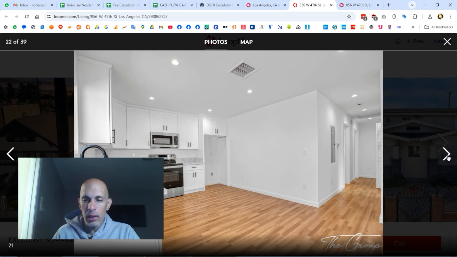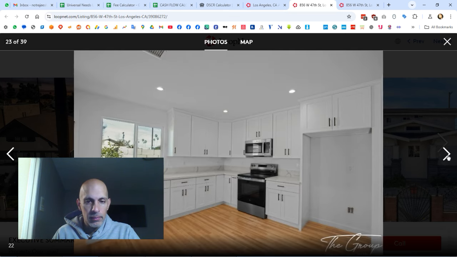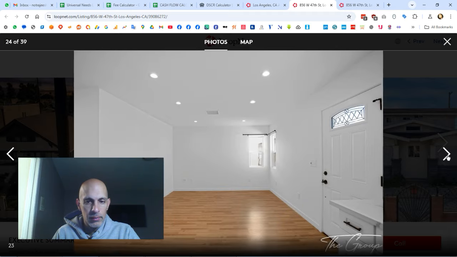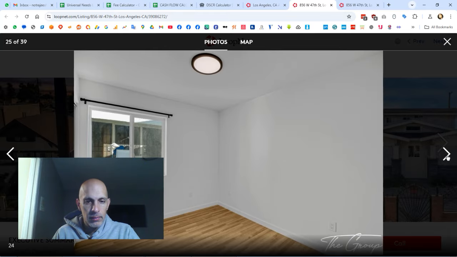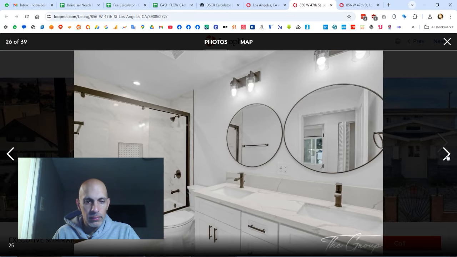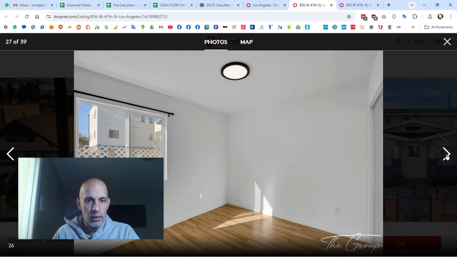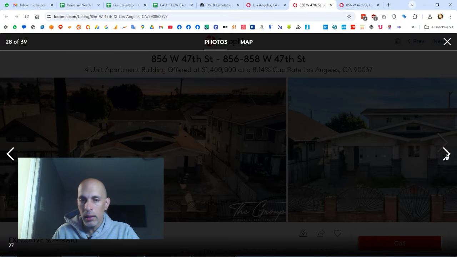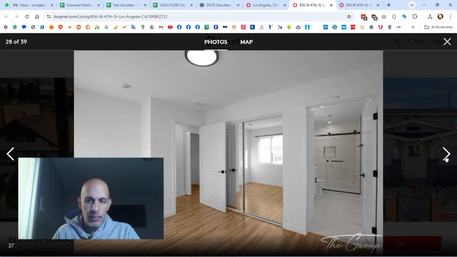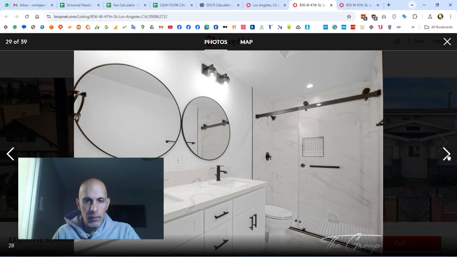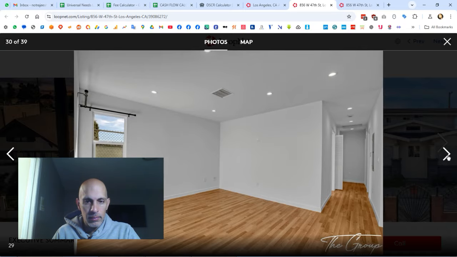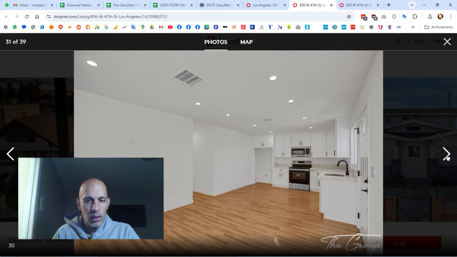This one looks really nice. Nice bathroom, nice fixture. See, that's a nice light, LED. Nice recessed lighting here, good flooring.